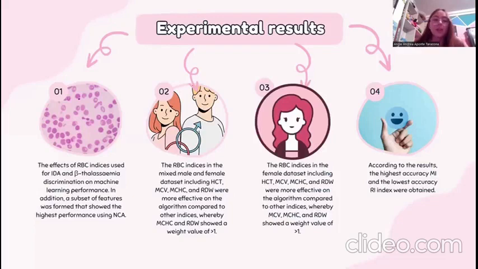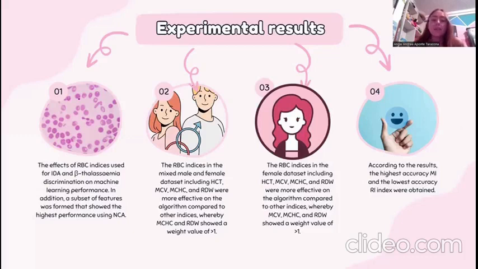Experimental results. Number 1. The effects of RBC indices used for IDA and beta thalassemia discrimination on machine learning performance. In addition, a subset of features that showed the highest performance was selected using NCA. Number 2.